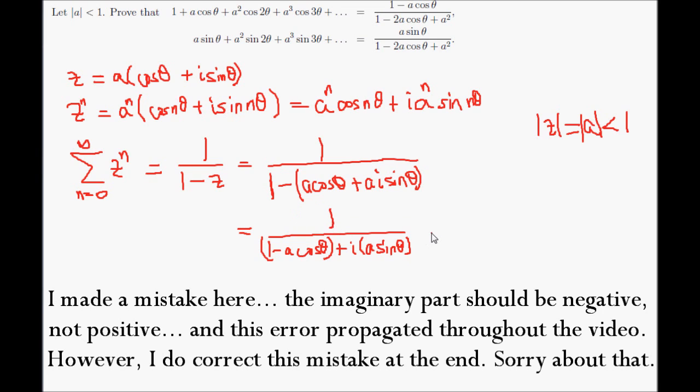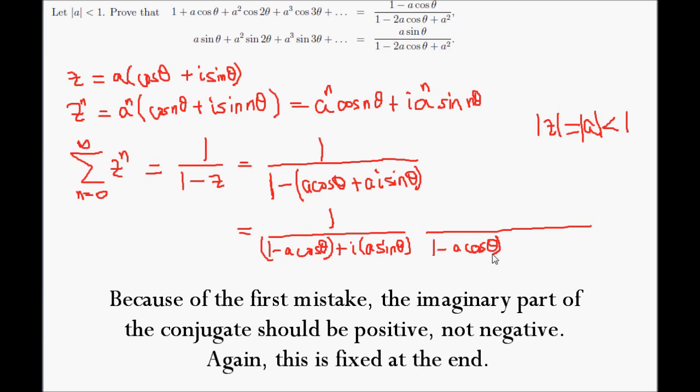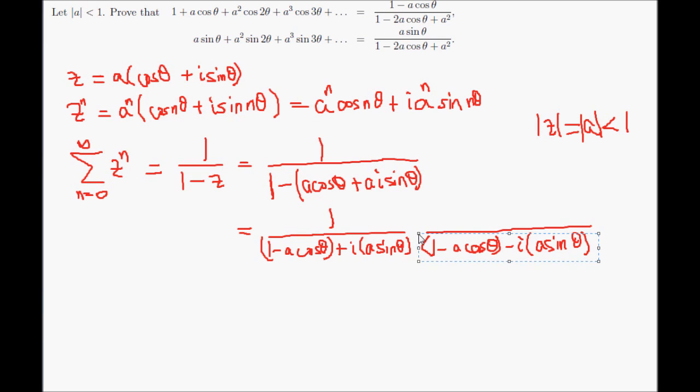And now let's multiply by the conjugate so that the imaginary part gets out of the denominator. So that's 1 minus a cosine theta minus I times a sine theta. So that goes in the denominator. And the exact same thing goes in the numerator.